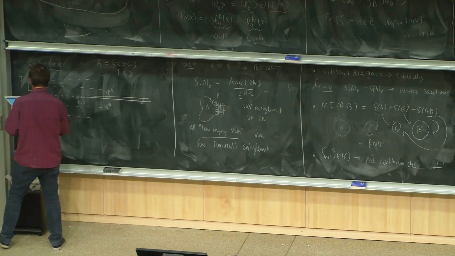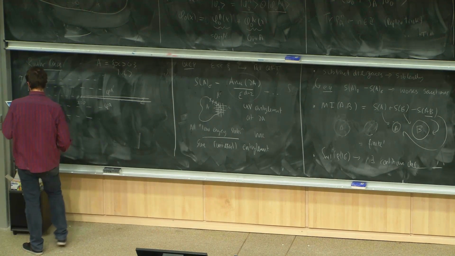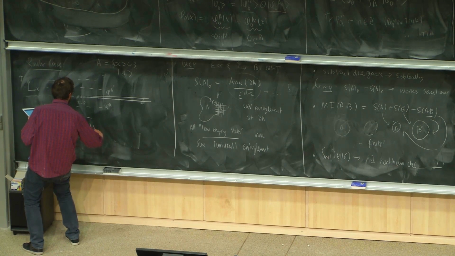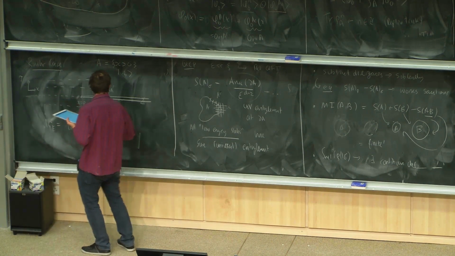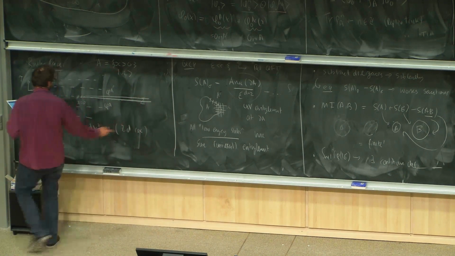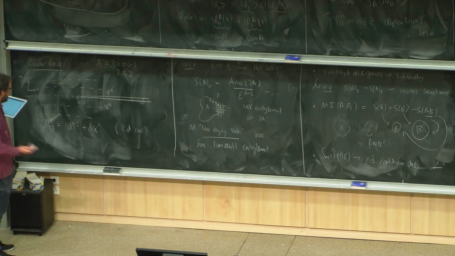So I pick a new coordinate system. My original coordinate system is just flat. I'm going to do the 2D case, so 2D quantum field theory, but this works in general; you just have to add a few more coordinates.